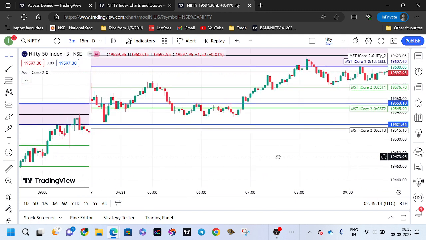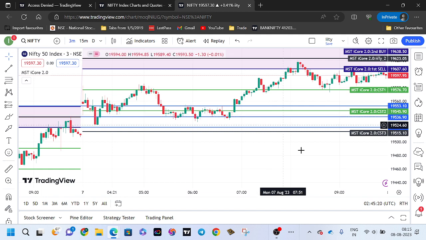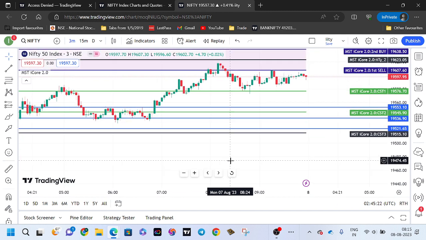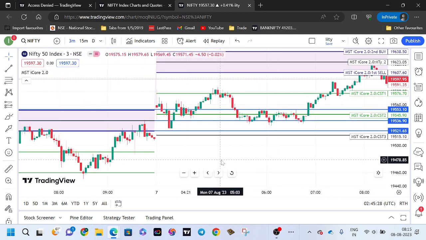Can you see here, buy activated, targets hit, and this is yesterday's midpoint, exactly it has taken the support. So this is another way to trade.